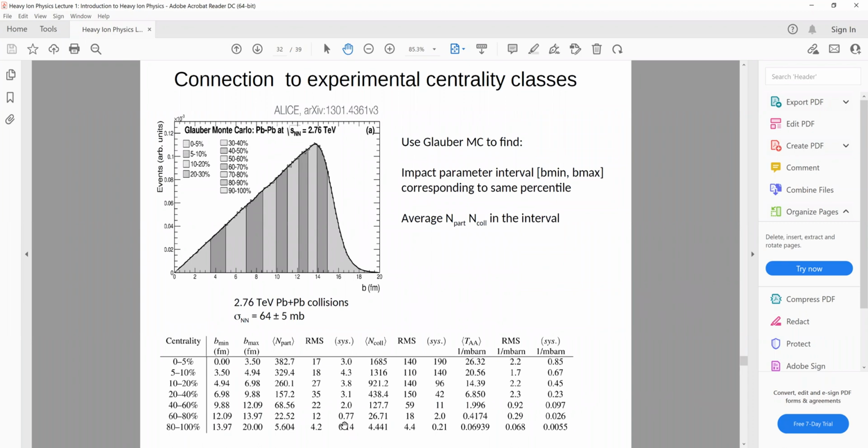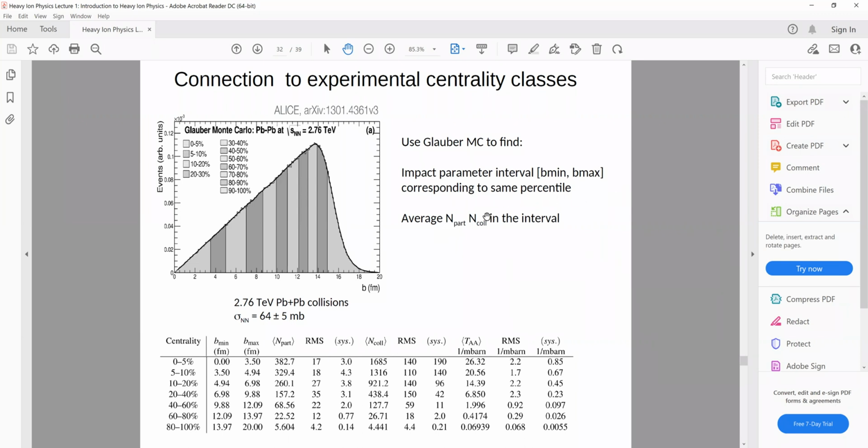And then you use the Glauber Monte Carlo model to find the impact parameter range corresponding to the same percentile. Depending on a particular multiplicity class, you assign a range of percentile, and then you use the Monte Carlo Glauber model to find the interval in impact parameter space, in terms of b_min and b_max, which corresponds to the same percentage.